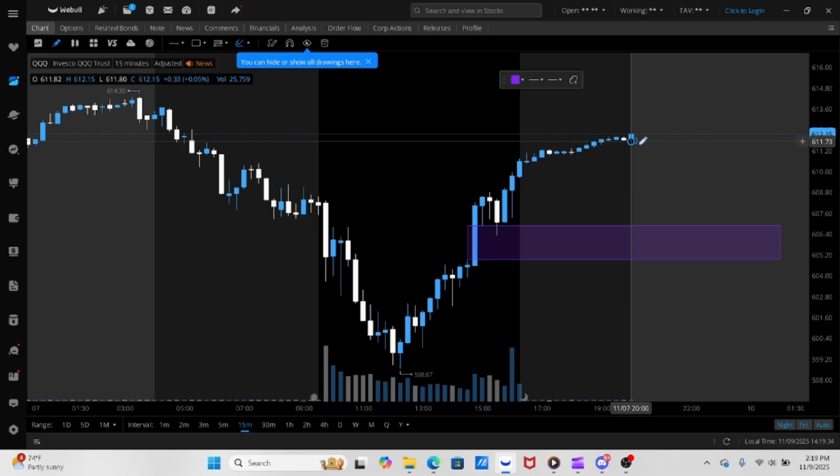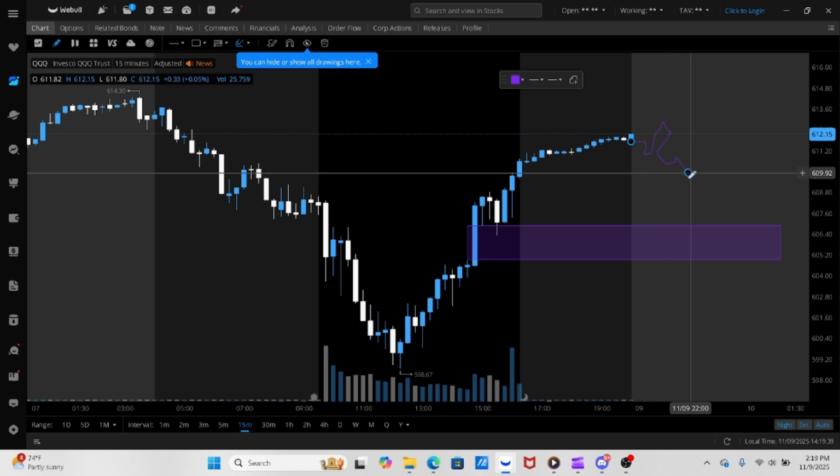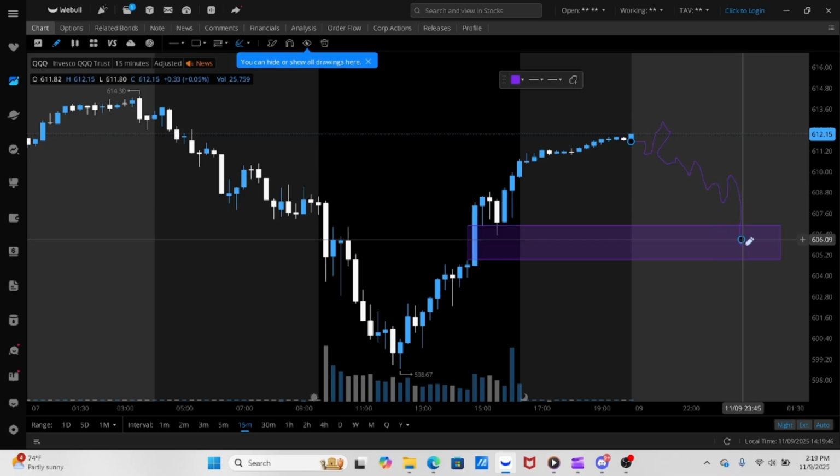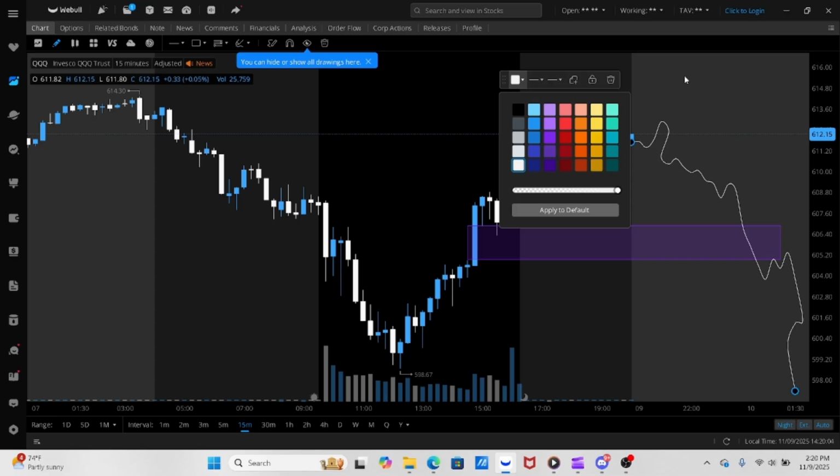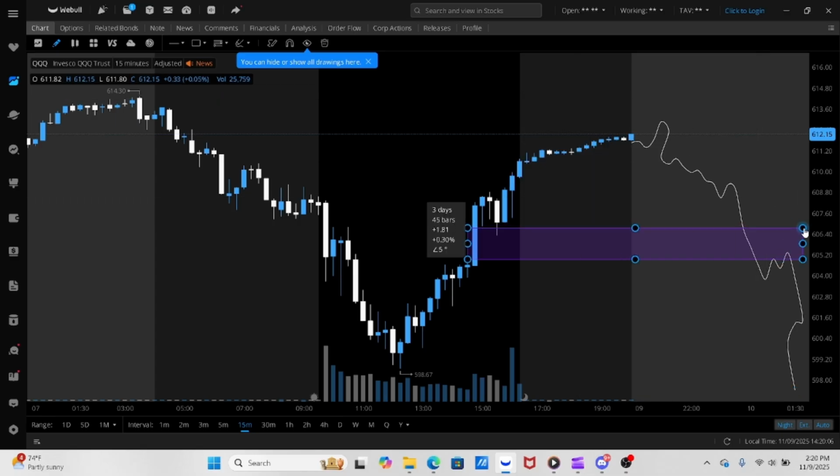Okay, so say price popped up, came down like this, came up, came into the gap, started chopping around in there, and then went below it, and then started doing like this. Then you can expect it to come down and take out this low. But that's what we don't want to see.